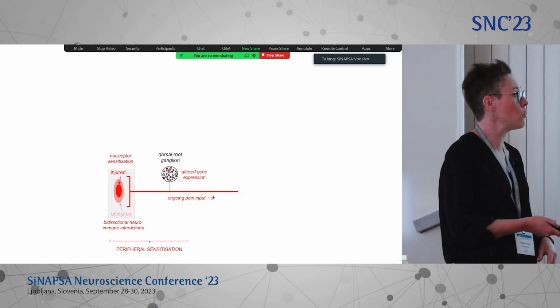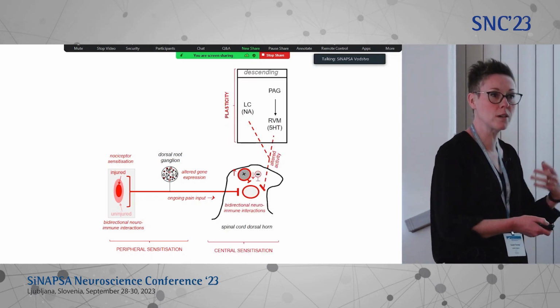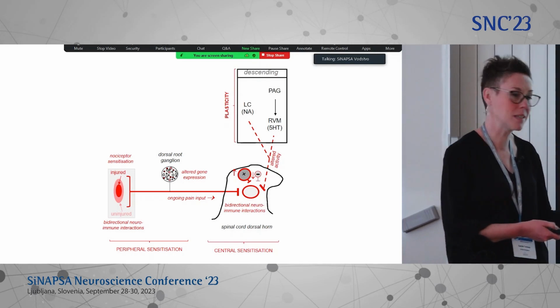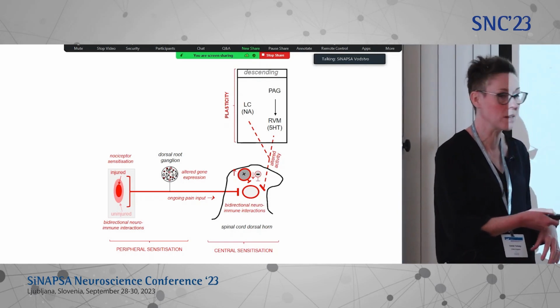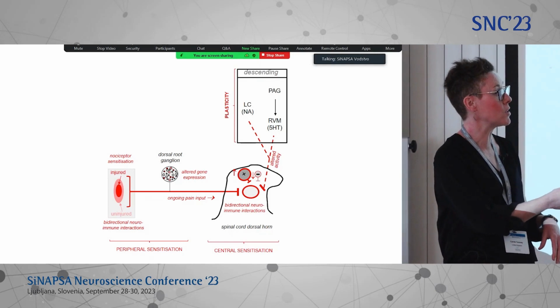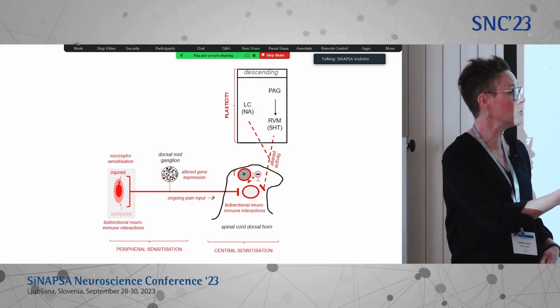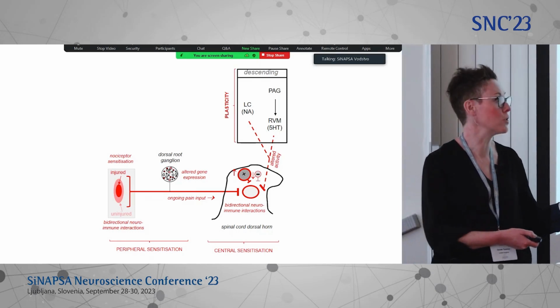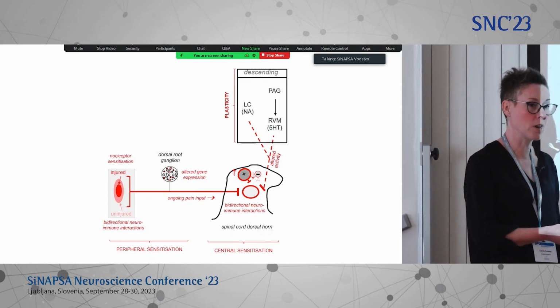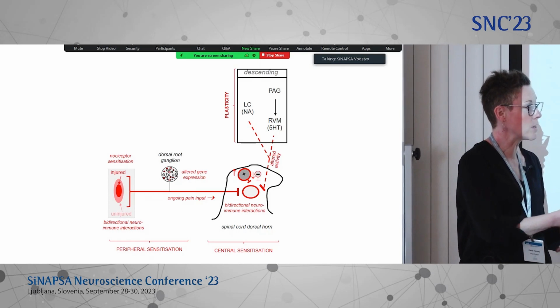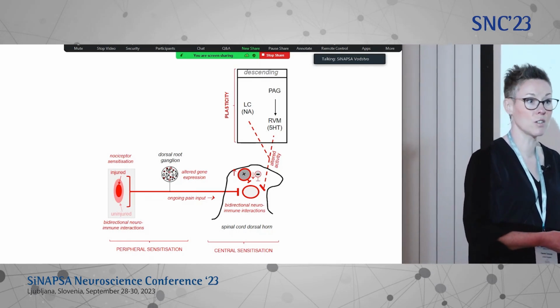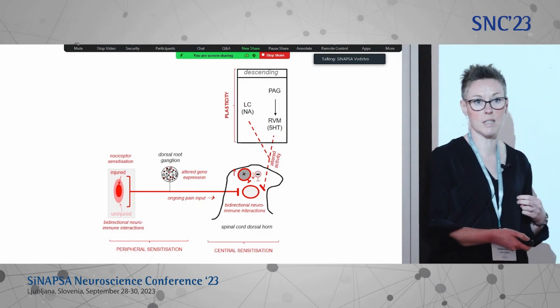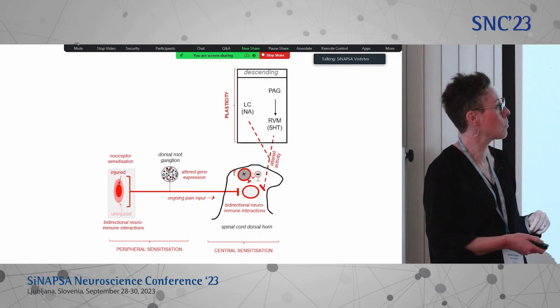And that drives an ongoing pain input to the spinal cord that induces plasticity within the spinal cord. There's evidence for increased excitatory control, decreased inhibition, and we also know there's altered control from the brain. And bidirectional neuroimmune interactions are also involved in some of these changes.